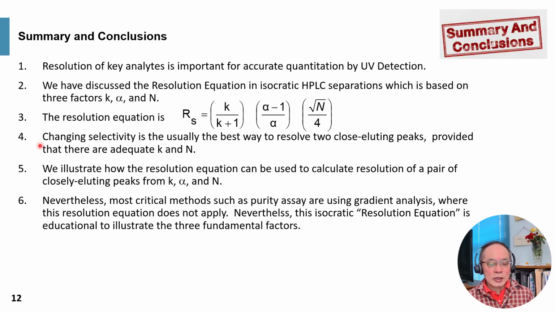We also mentioned that changing selectivity is the most effective, the best way to resolve two closely eluting peaks, provided there is adequate retention and also sufficient plate counts. We also illustrated how the resolution equation can be calculated and compares pretty well with the measured resolution from the chromatogram.